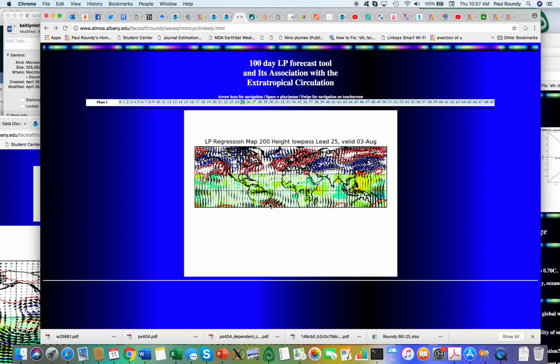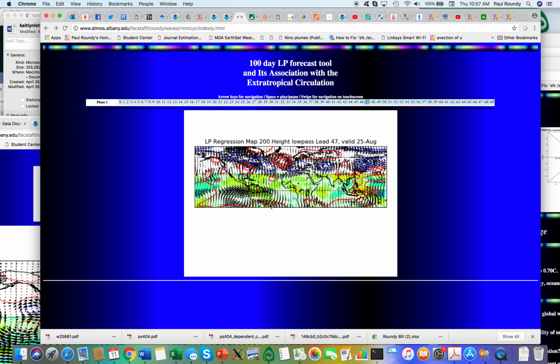But going forward through August, this is how the seasonal evolution, given the present state of low-frequency tropical convection, would favor conditions changing. So coming later into August, blocking becomes a little bit more favored over the North Atlantic, and the ridge in the northeastern U.S. starts to backtrack into the central United States.